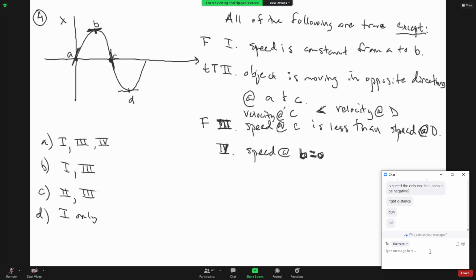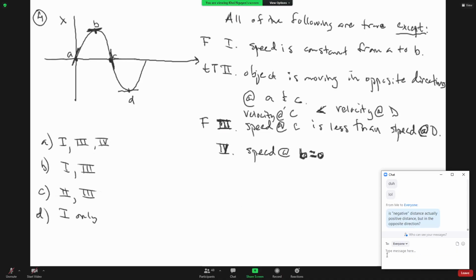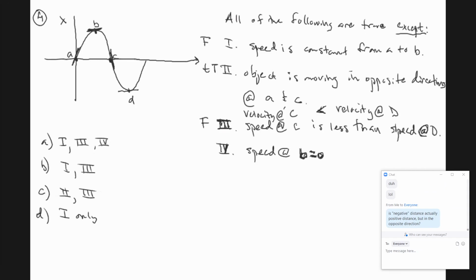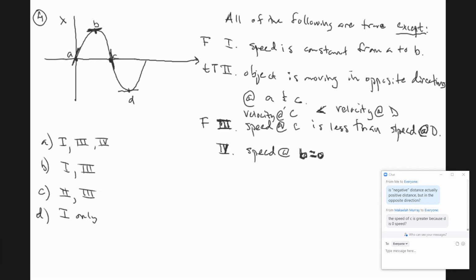So anything that you have as a scalar quantity is always the absolute value of the vector quantity, which means it can't be negative because we only care about how big it is, right? Hence the definition of scalars. Correct. Negative distance is actually positive distance, but in the reverse direction or opposite direction to what we defined as positive.